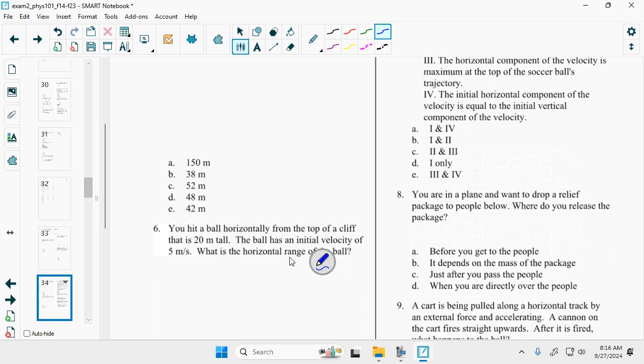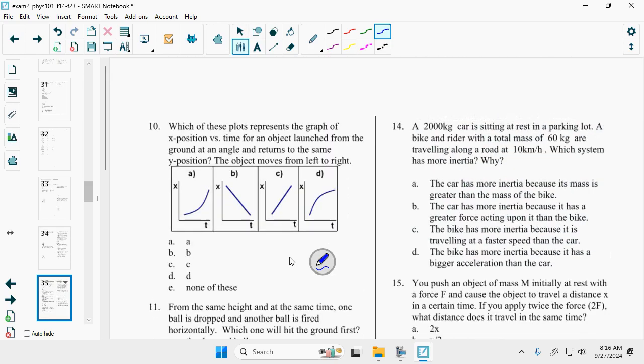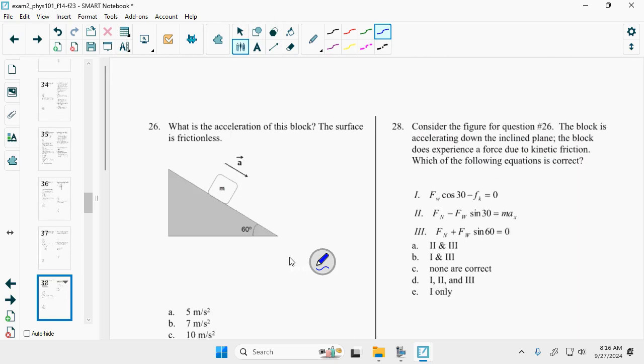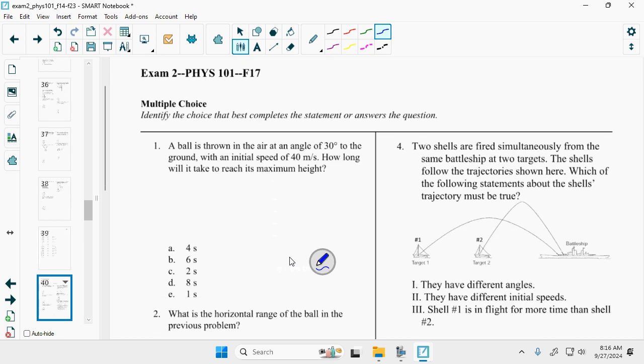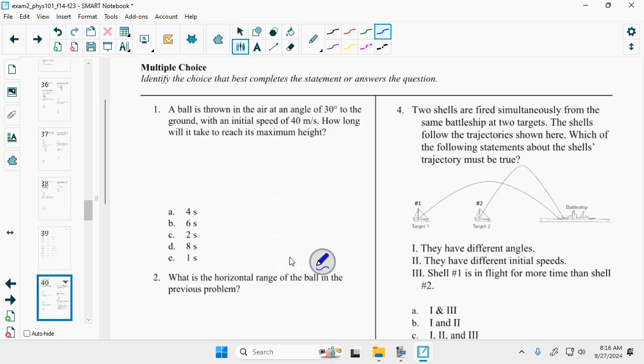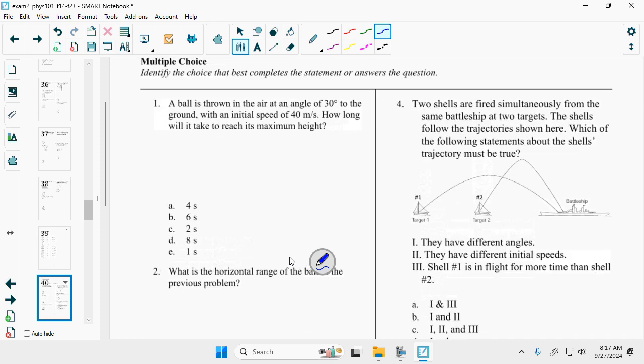Okay, this is fall 17. Let's look at this one.